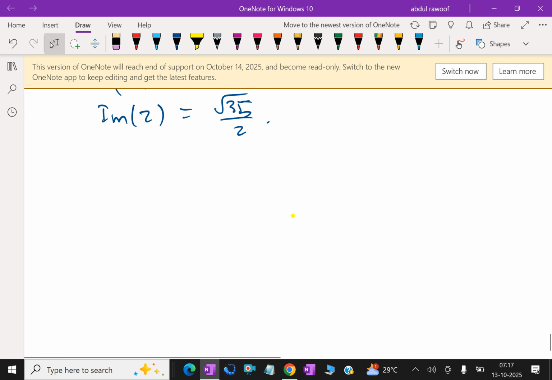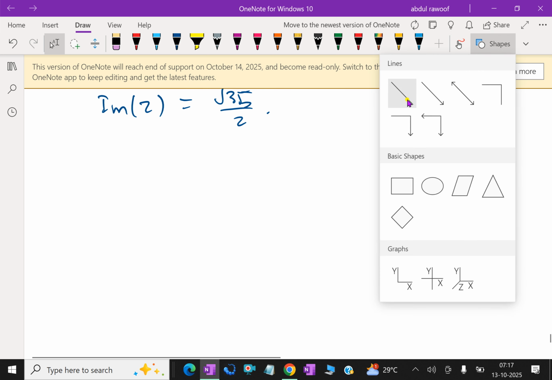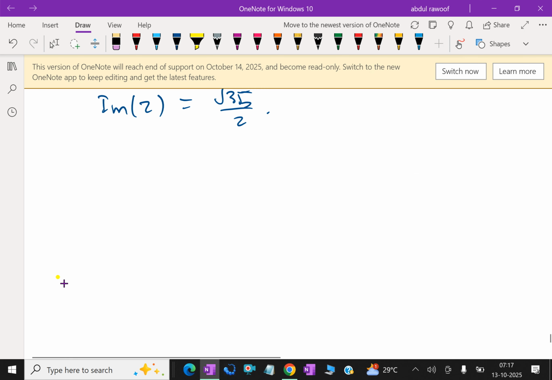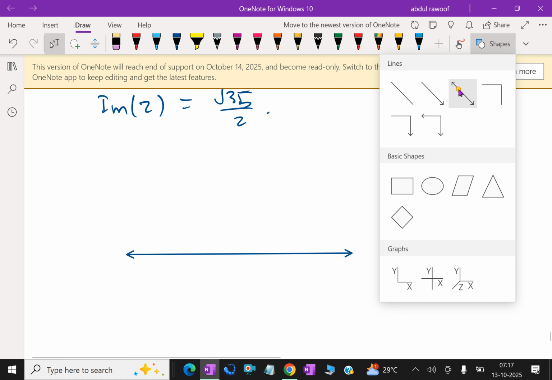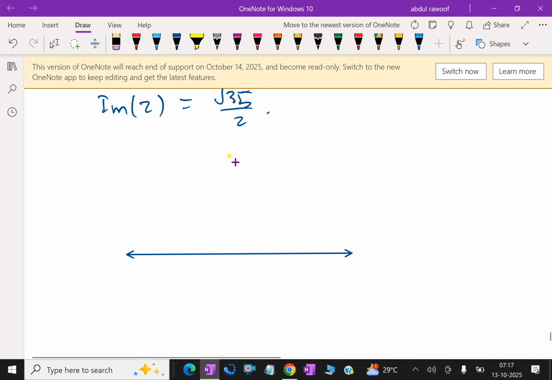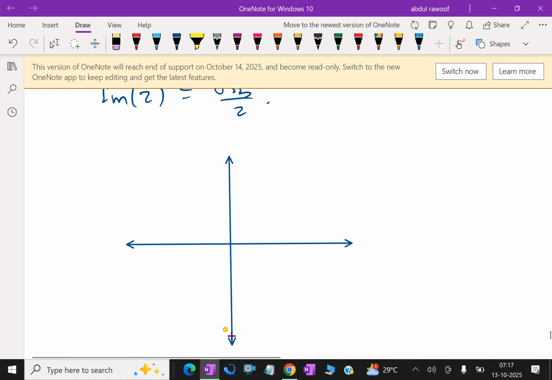Now, how do we represent a complex number in a complex plane? Consider this xy plane.